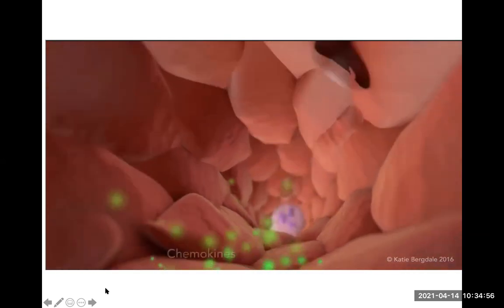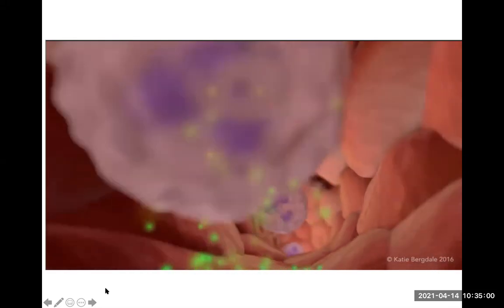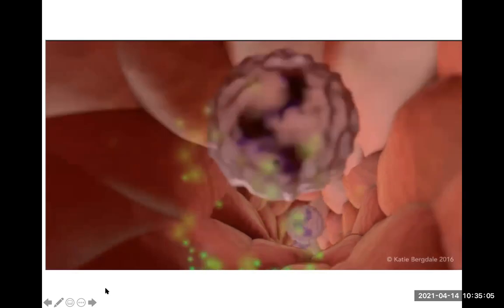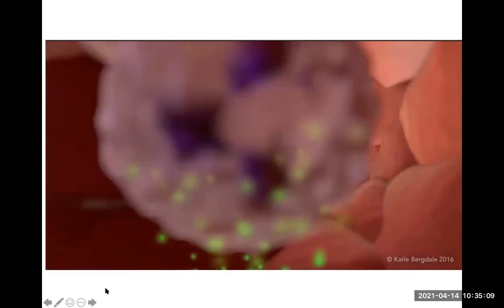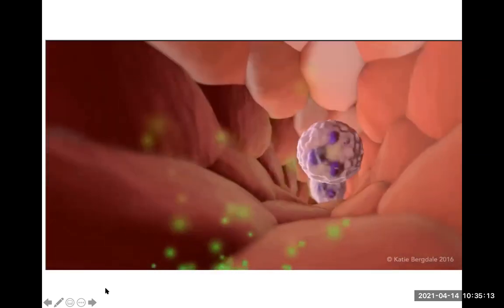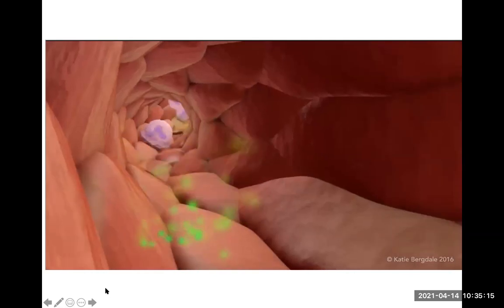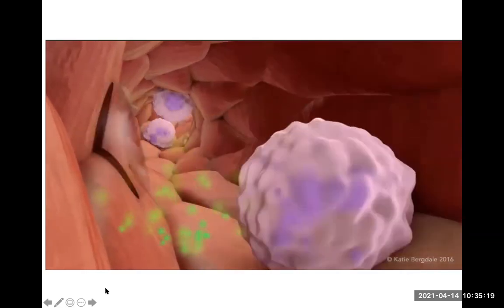Extravasation begins when chemokines are released by immune cells at a site of injury or inflammation, activating the endothelial cells of nearby capillaries to express adhesion molecules. Neutrophils respond to the adhesion molecules by expressing counter-receptors, which produce a weak interaction between the neutrophil and endothelial wall. The neutrophil adheres slightly to the vessel wall, rolling along the surface.